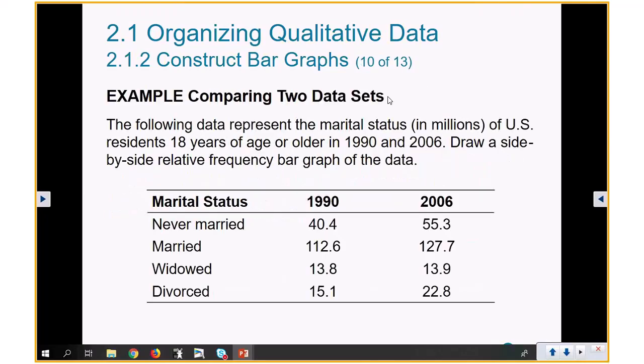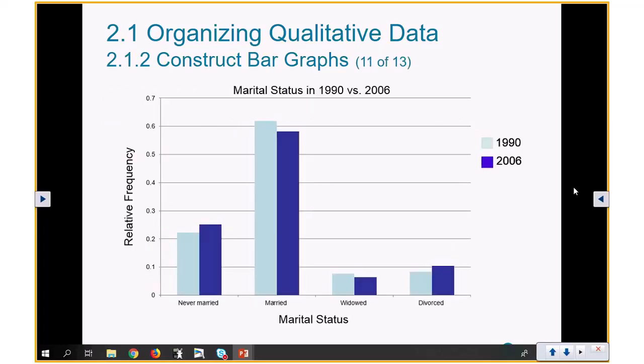We talked, I can't remember if it's this class or the last class or yesterday's class, but we talked about this. When you have two sets of data, write down a side-by-side chart. It's easier just to see it this way.